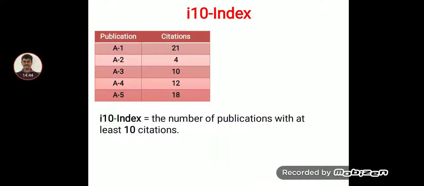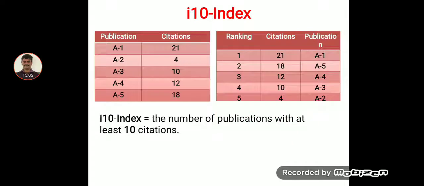Now let us see an example of this i10 index. The same 5 publications of an author are taken here and the citations are also included in the table. The number of publications with 10 or more citations are counted as the i10 index. I'm just rearranging the table depending on the citations from highest to lowest.